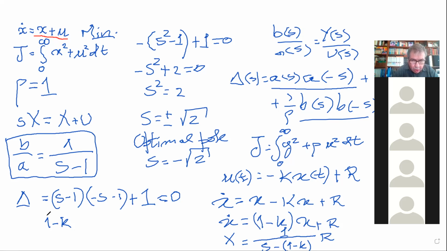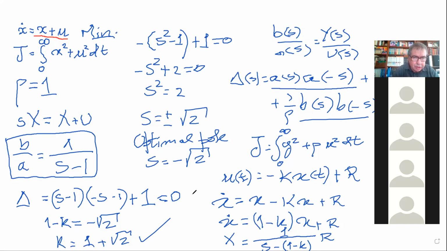So 1 minus k is the pole that I get for a given k. And I want this to be minus square root of 2, which means that k is 1 plus square root of 2, which is the result that we had obtained before. You see?